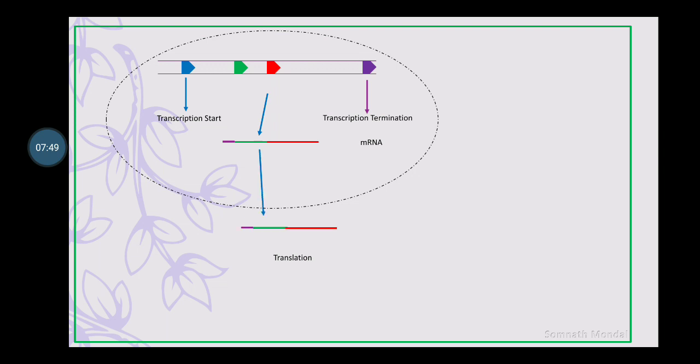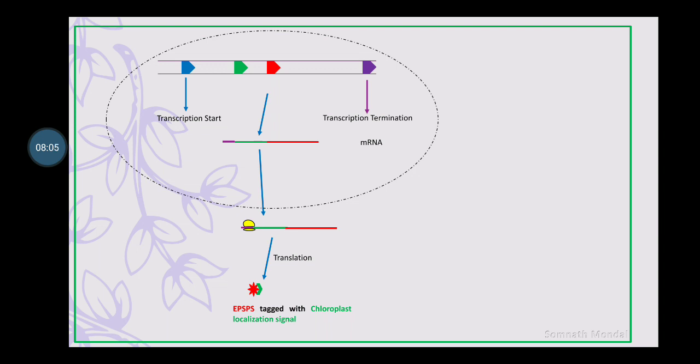Now this mRNA will be translated and the resulting product will be EPSPS class 2 tagged with the chloroplast localization signal.